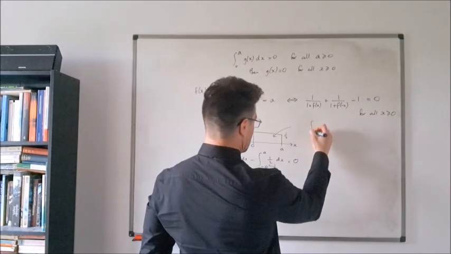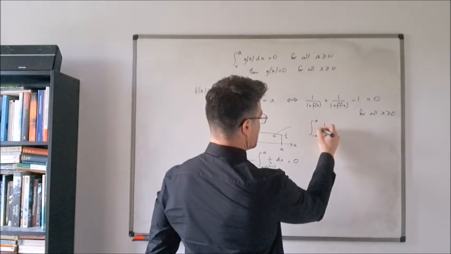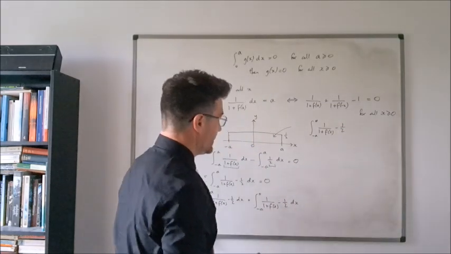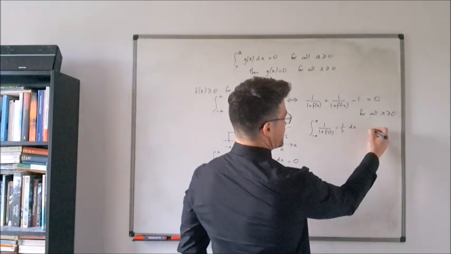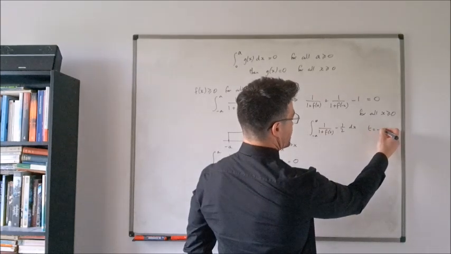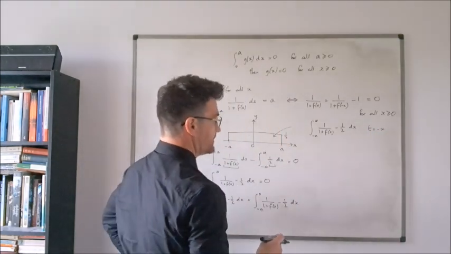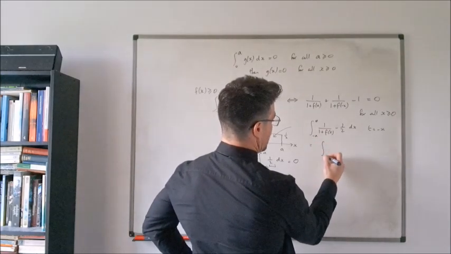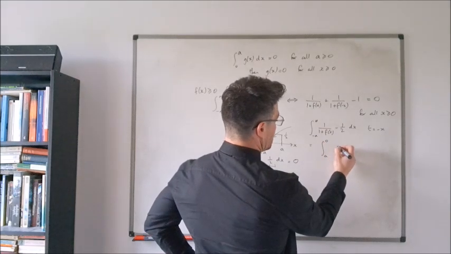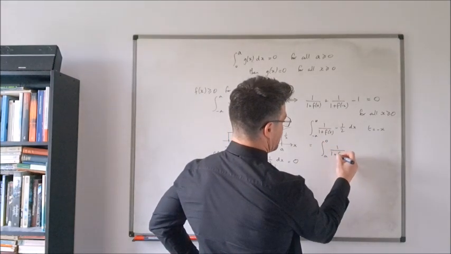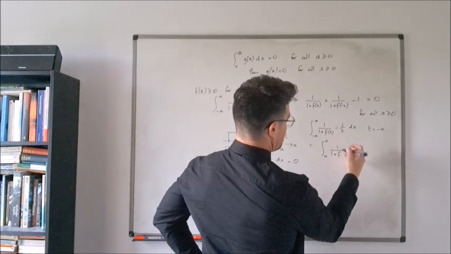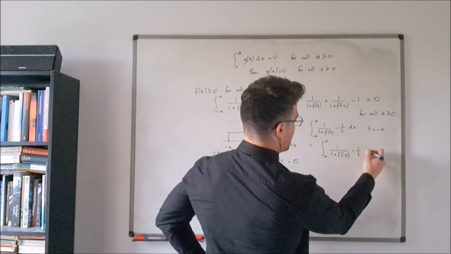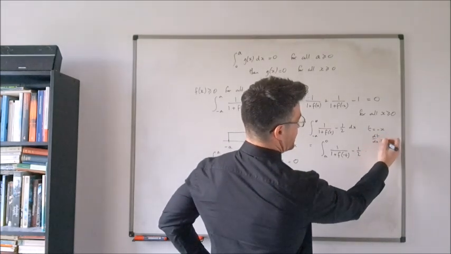So we've got the integral from minus a to 0 of 1 over 1 plus f of x minus a half dx. If I make a substitution, t equals minus x, for example, then this is equal to the integral from a to 0 of 1 over 1 plus f of minus t, minus a half, times dt by dx, which here would be minus 1.